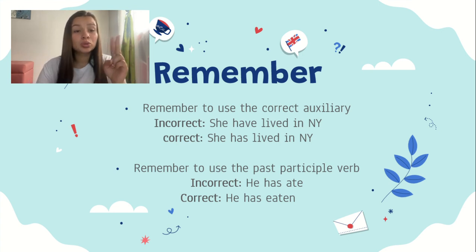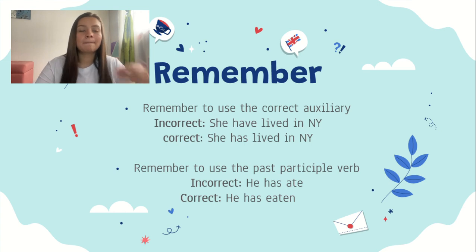We have two auxiliaries, have and has, and we need to identify which one we use. The second one, we need to remember to use the past participle. As I said before, it is the verb in the third column. For example, it's incorrect if I say he has ate.